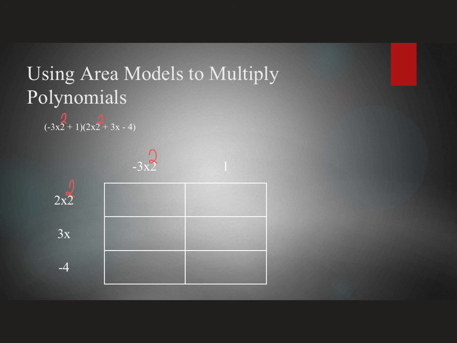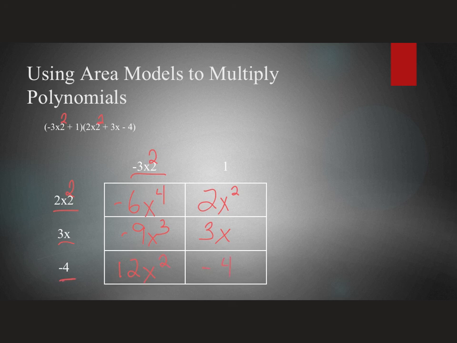So, I have 2x squared times negative 3x squared gives me negative 6x to the fourth power. 2x squared times 1 is just 2x squared. 3x times negative 3x squared is negative 9x to the third power. 3x times 1 is just 3x. Negative 4 times negative 3x squared gives me positive 12x squared. And negative 4 times 1 gives me negative 4.